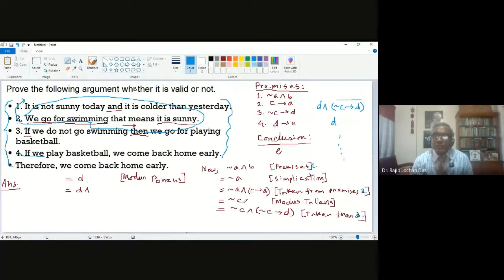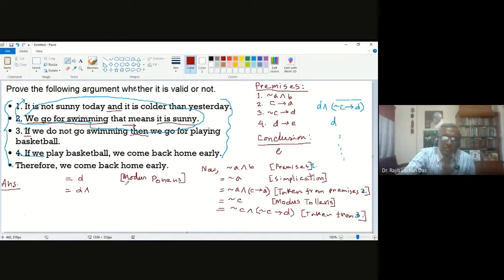You got my point? So it is not a very easy task in the real context. The example we are doing is very easy. It is just serially one by one we are taking the sentences and then it is matching with the rules. So let us proceed.